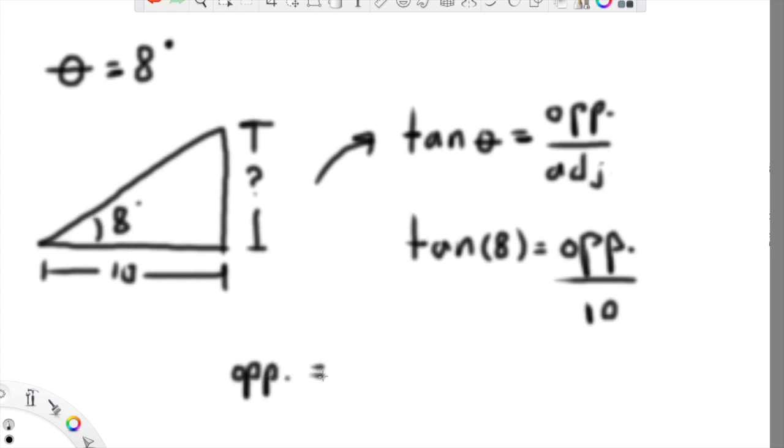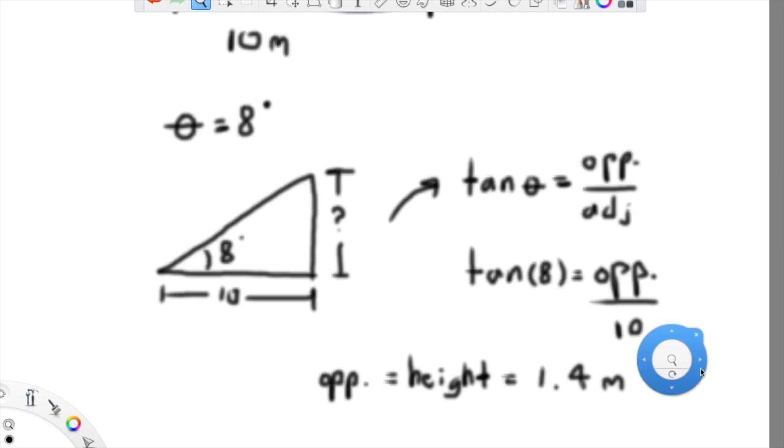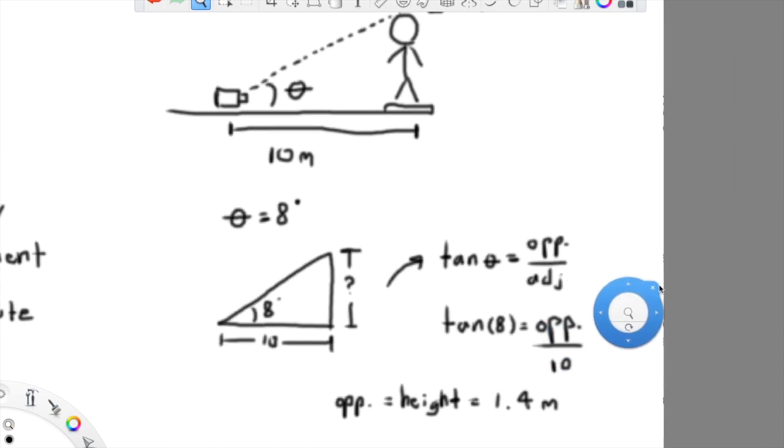Our opposite is actually the swimmer's height, which is 1.4 meters. We will then use this information to calculate the water pump rate.